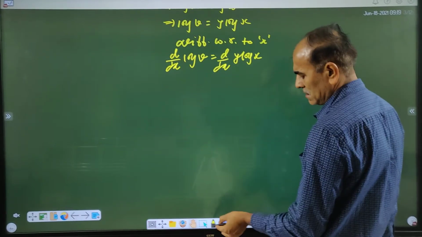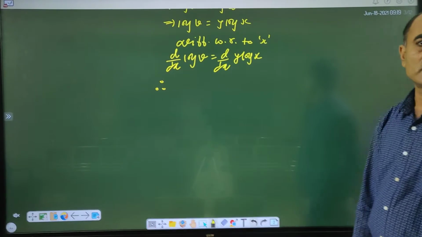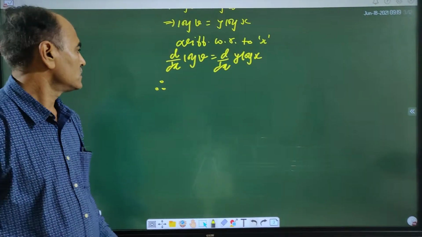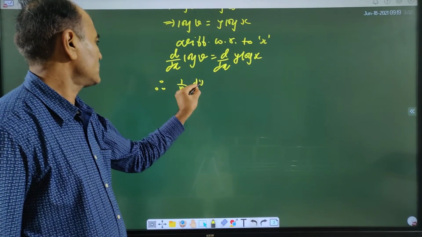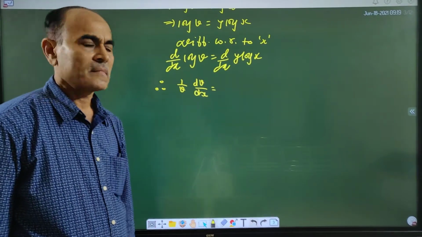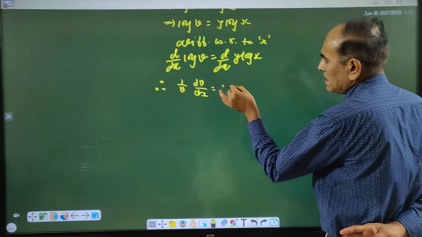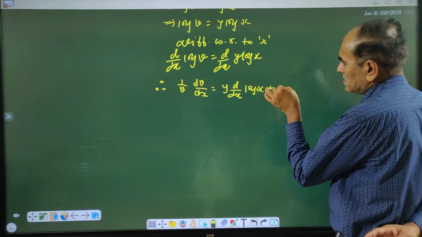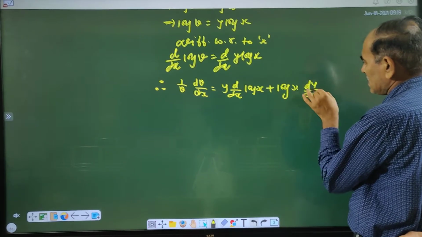So what do we get here? The log of some function is given. See, log of some function is given. So what we get? 1 by the function, d by dx of the function. Here once again apply the product rule: y as it is, d by dx of log x, plus log x as it is, d by dx of y.